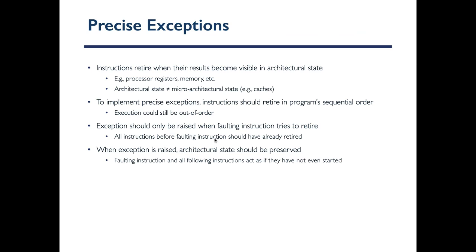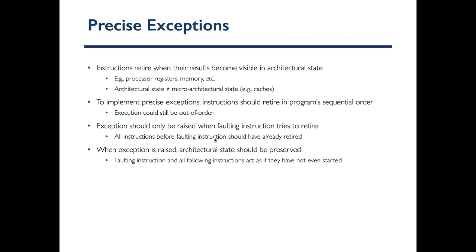When indeed an exception is raised by an instruction that is going to retire, I wait for the instruction to retire, then I raise the exception, so I know that everything before this instruction has been executed and retired. All I need to do is disregard everything I've done with the instructions afterward and pretend that none of it has happened.